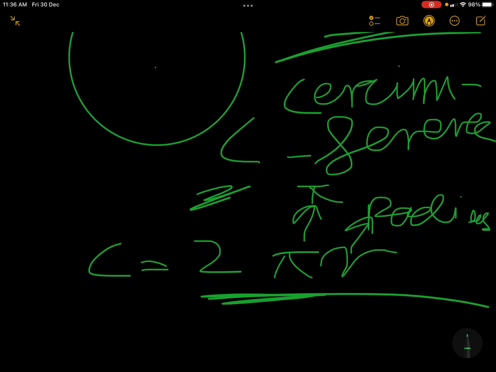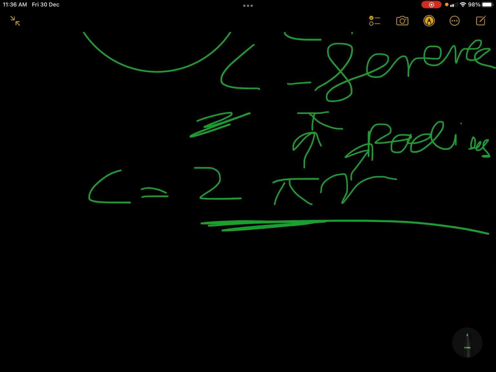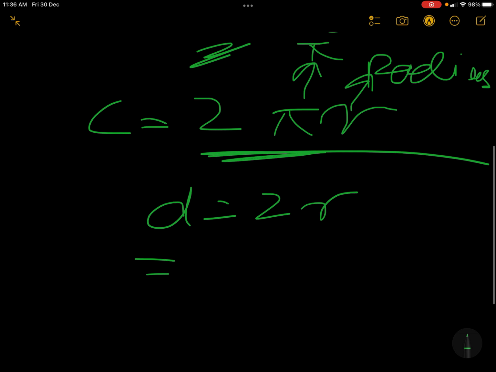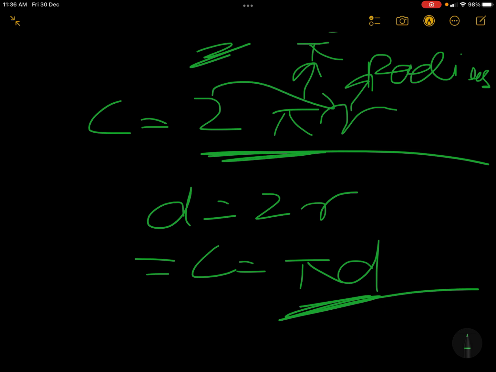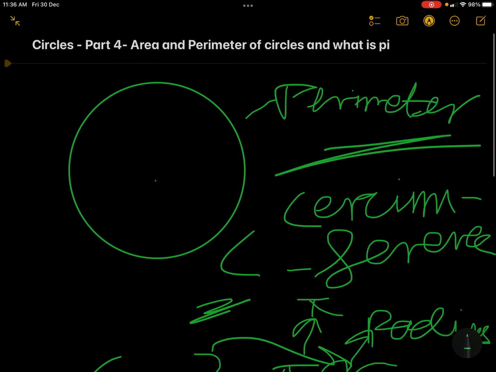Now let's understand what is pi. We all know that d is equal to 2r, so we can also write C is equal to pi d. 2r can be written as d. So we are taking pi d here in order to understand. First of all, let's draw a diameter.